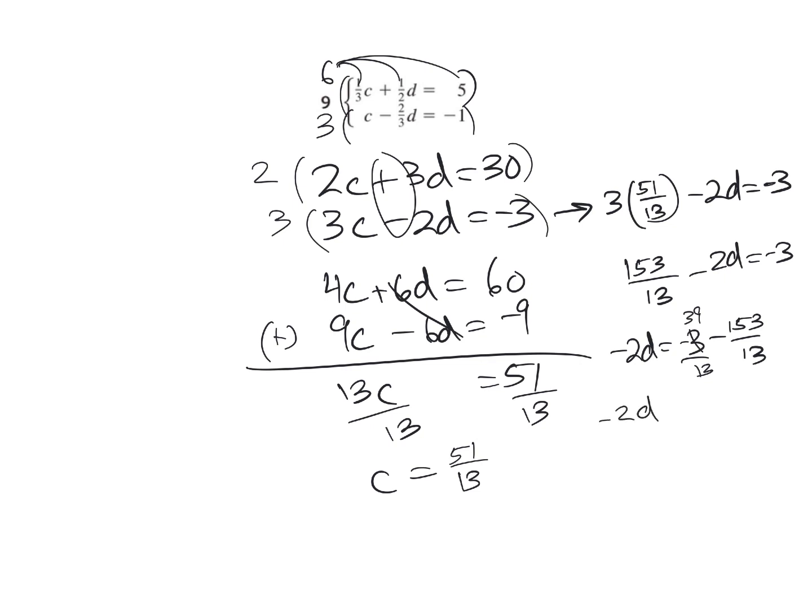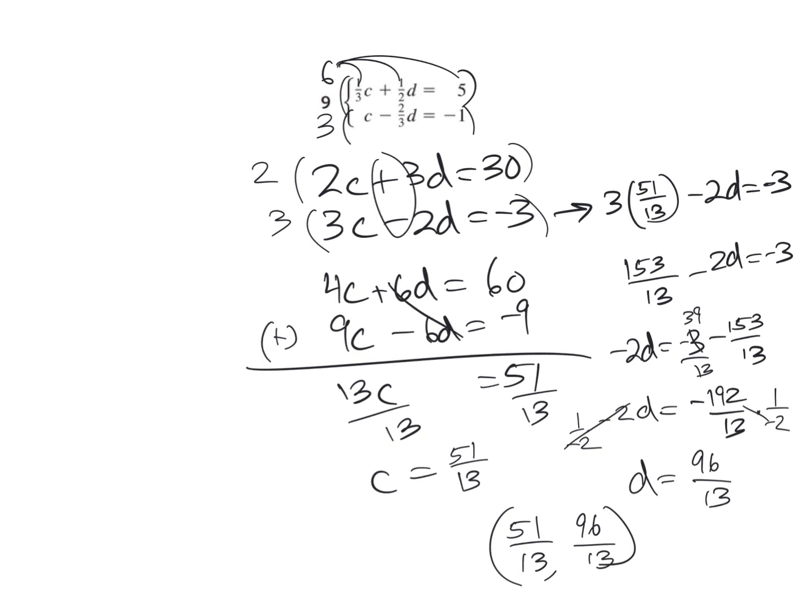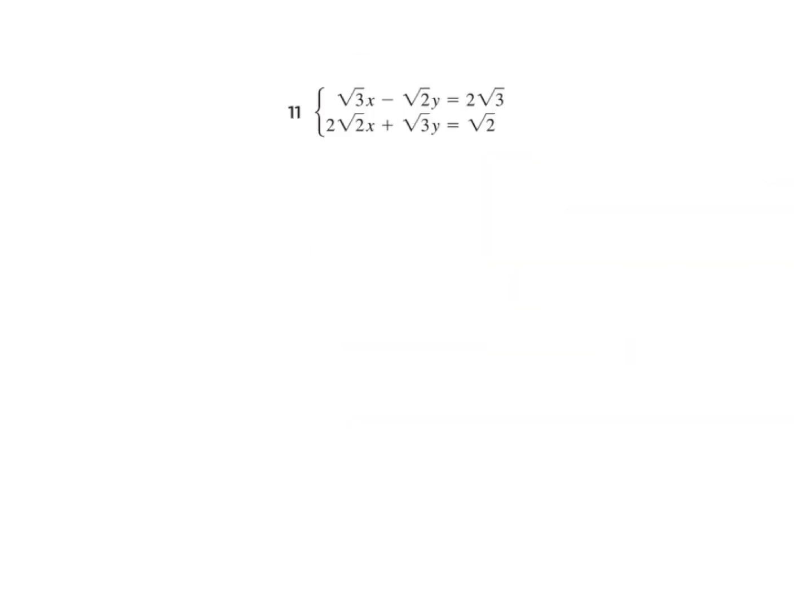So -2d equals -192 over 13. And when we divide by -2, it's the same as multiplying by -1/2. Negative times a negative is positive, and 192 divided by 2 is 96 over 13. So 51/13 and 96/13. All right.